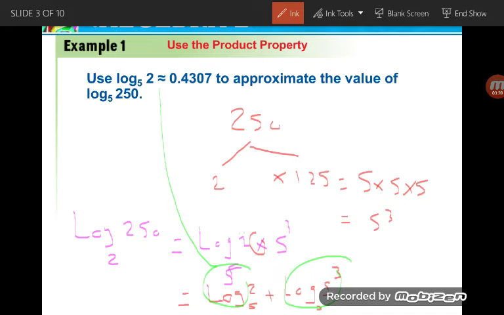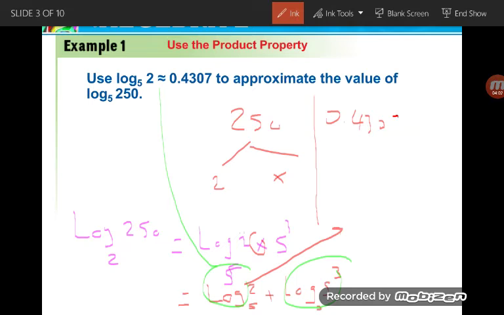So it will be 0.4307 plus 3 times the value of log 5 base 5, which is equal to 1.